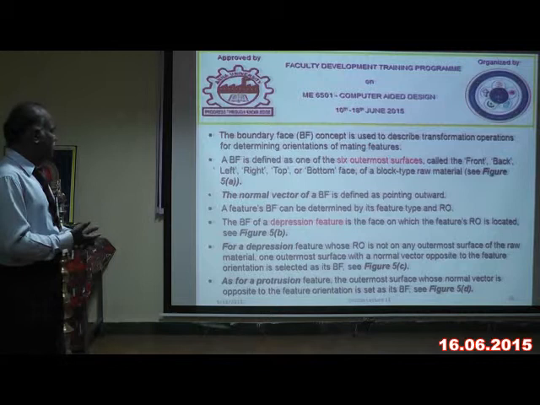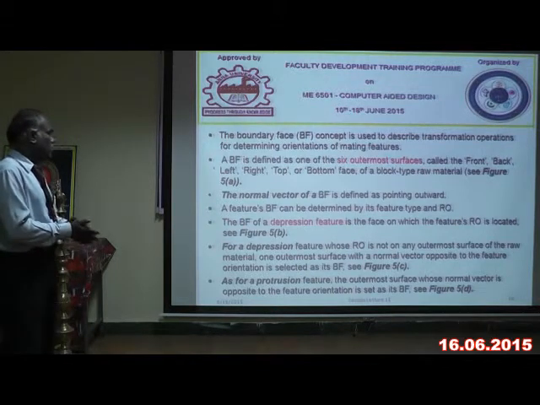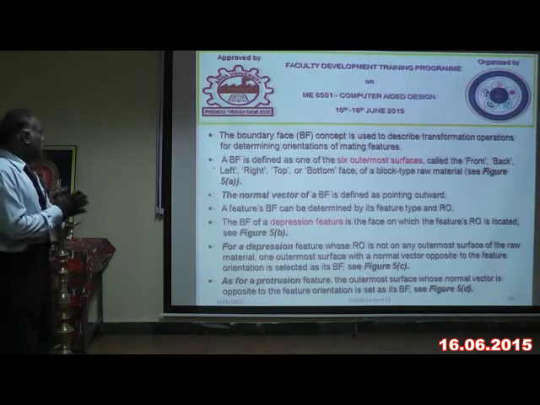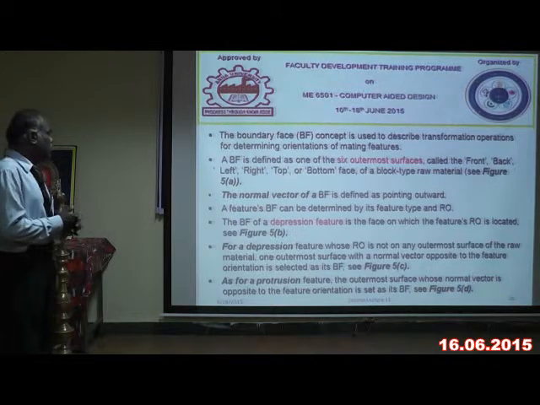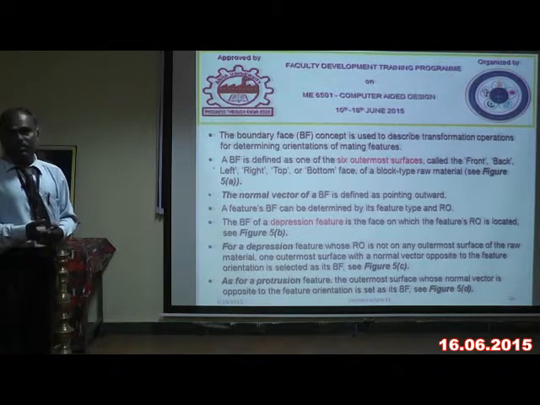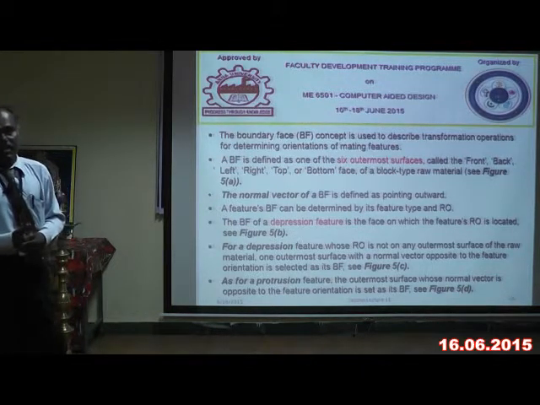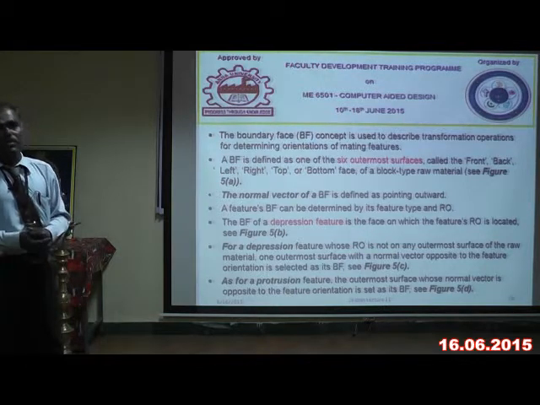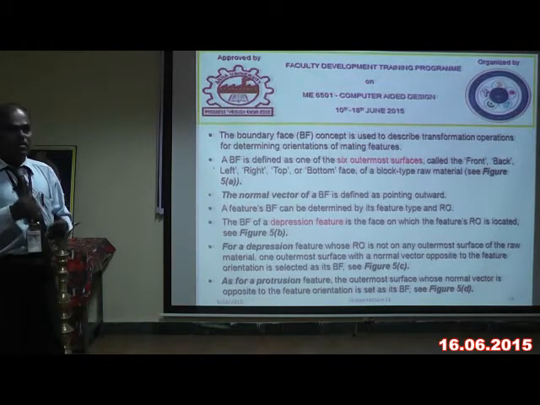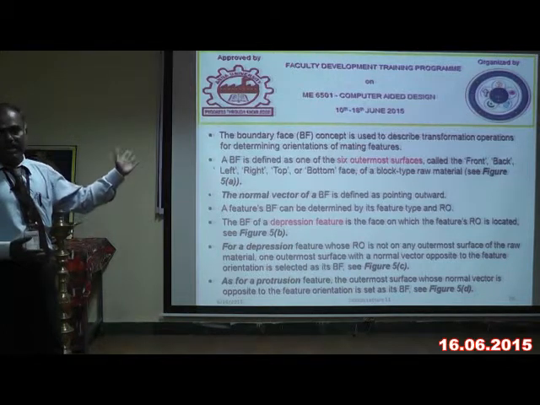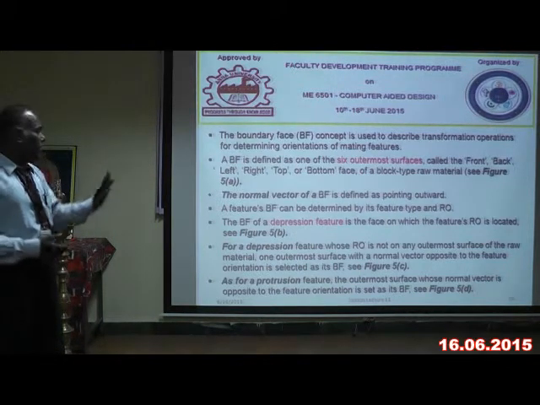The boundary space concept is used to describe the transformation operation for determining the orientation of mating features. When the transformation operation executes, the part moves according to the direction mentioned in the program.